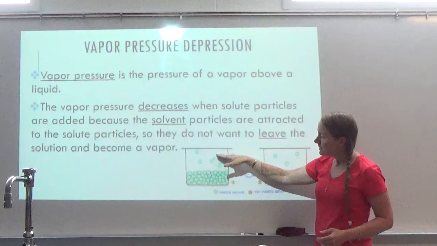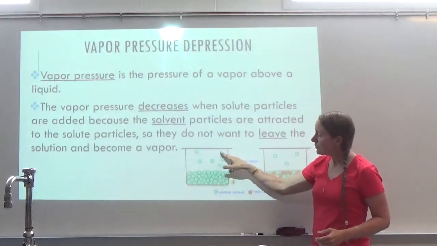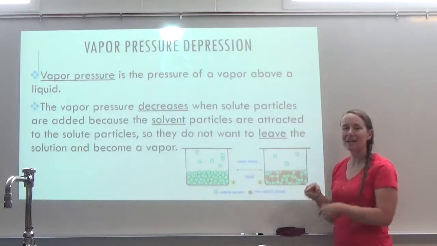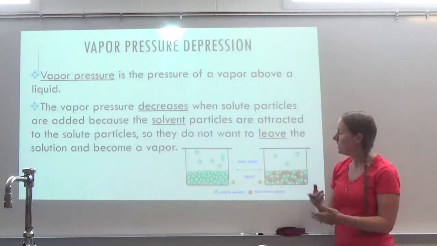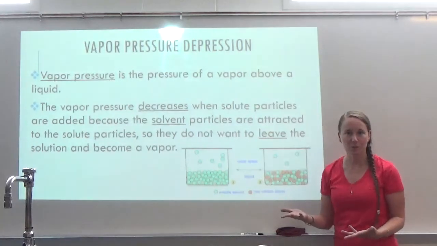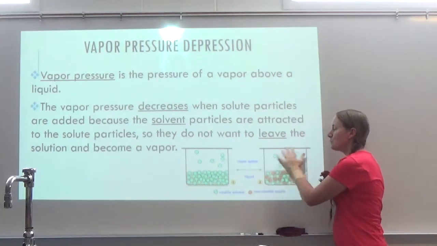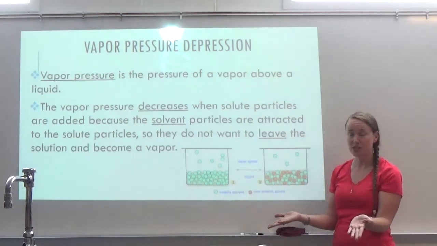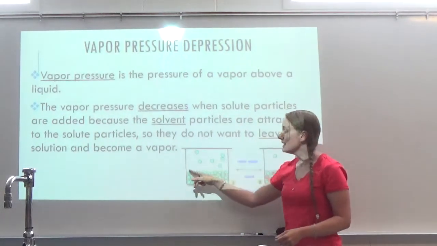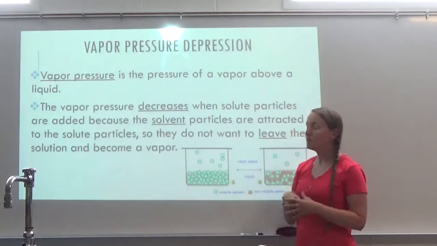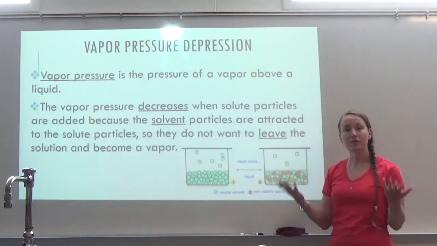So these vapor particles that are creating this pressure, they don't want to be a vapor anymore. They want to come back and surround those particles also. If you notice, there's fewer particles that are vapor at this point, and so that makes less pressure. Remember, pressure is collisions of particles. The fewer particles, the fewer collisions. When there aren't any famous solute particles, we have a certain amount of molecules that will evaporate and cause a vapor pressure.